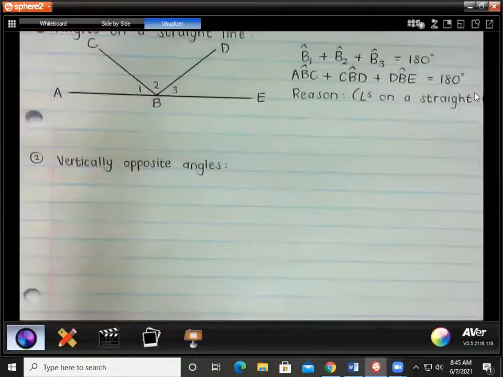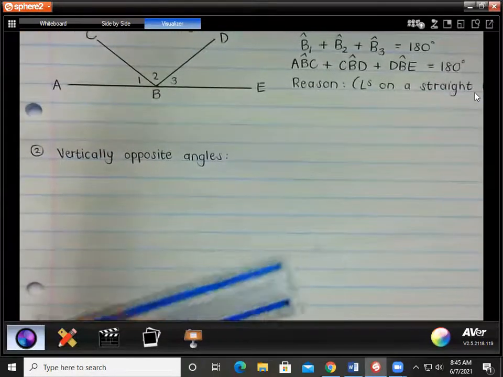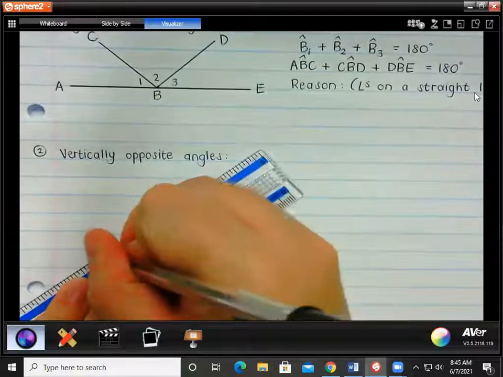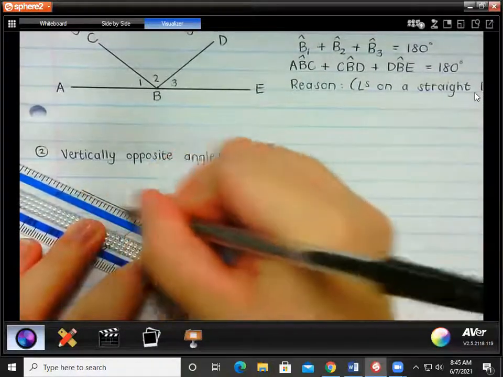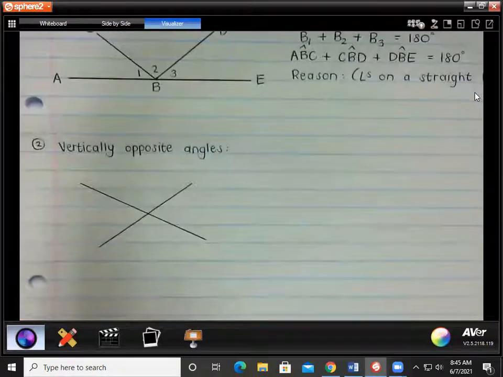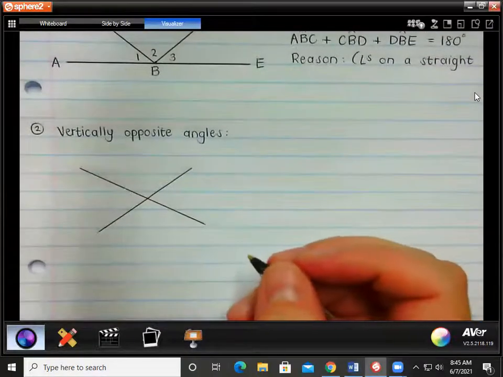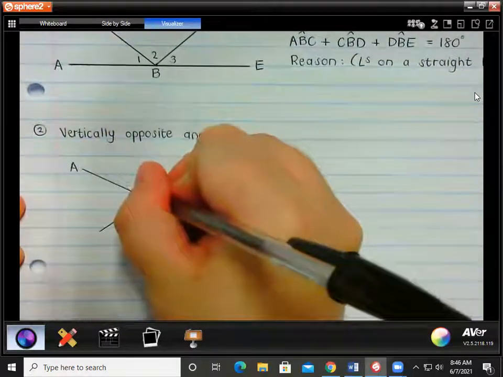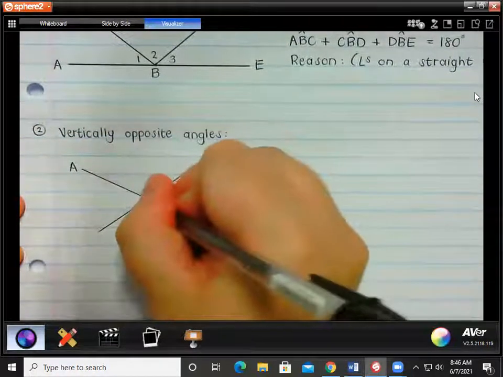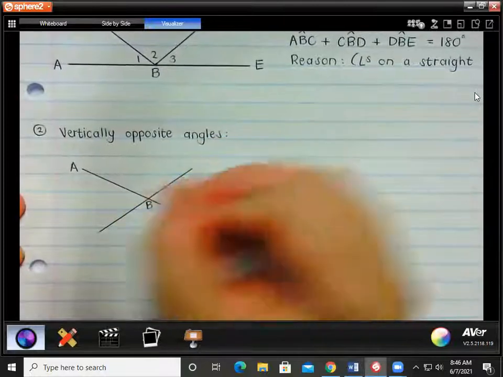All right, we're going to draw another diagram. Let's put the B here at the bottom.